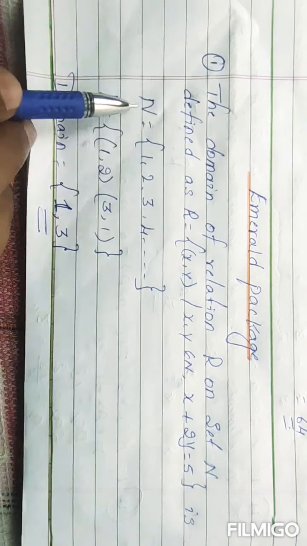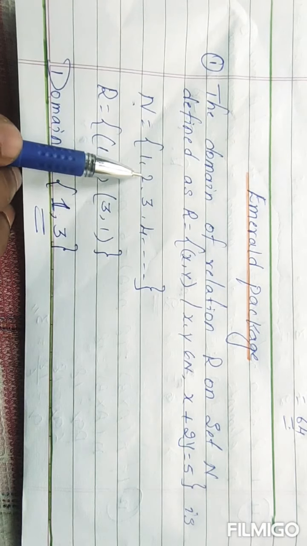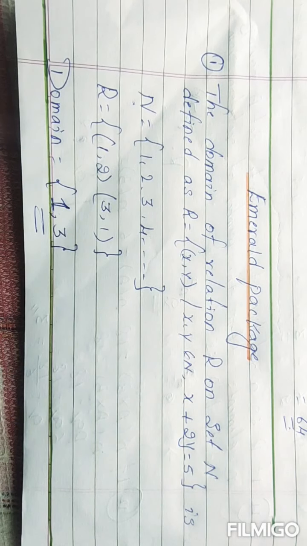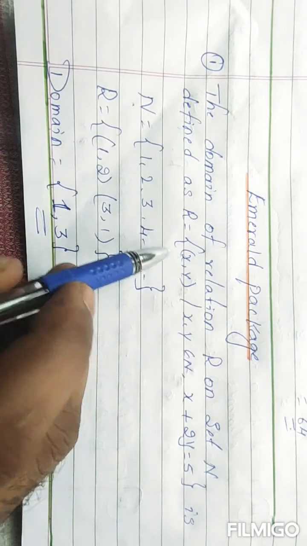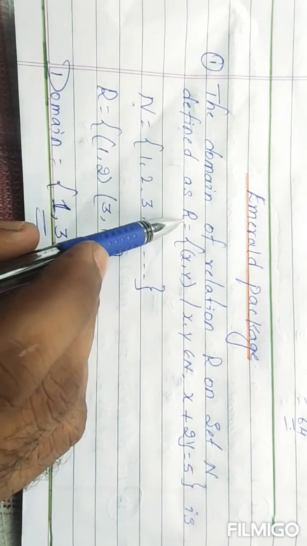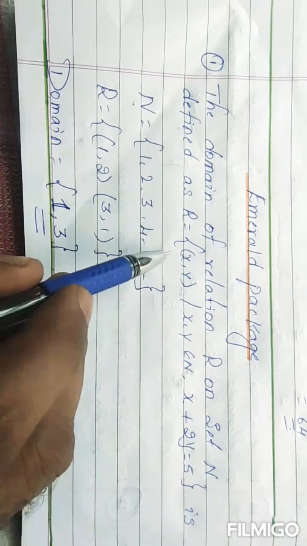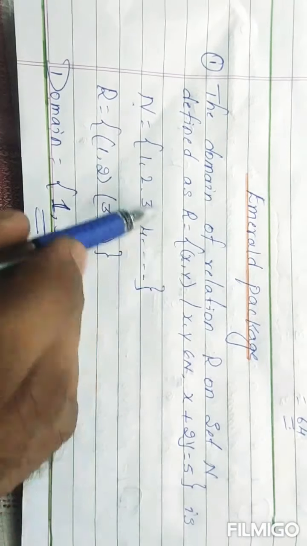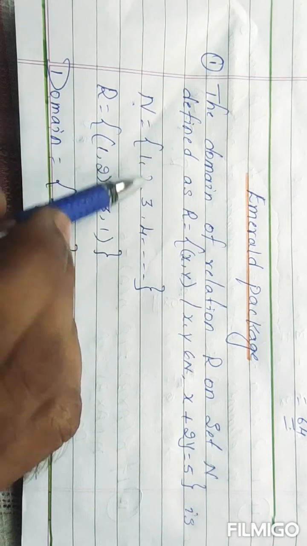N means natural numbers, which we know start from 1, 2, 3, 4, 5 etc. Now we should choose the ordered pairs for the relation. How? For (x, y), we need to select 2 elements from the natural number set.